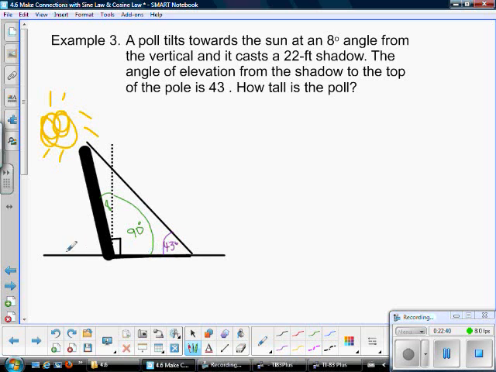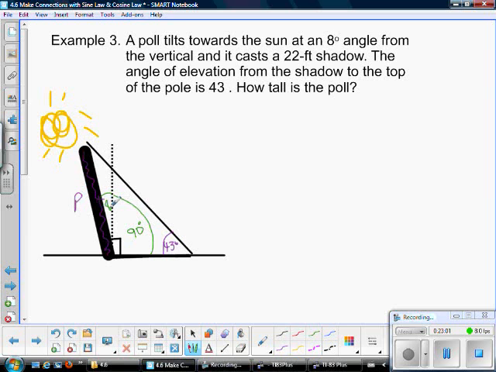So what's going on here? They want to know how tall the pole is. They actually want to know how tall this thick pole is. So I want to know the length of P.